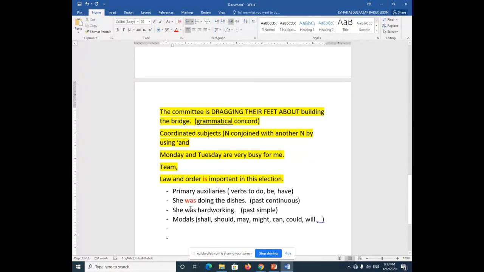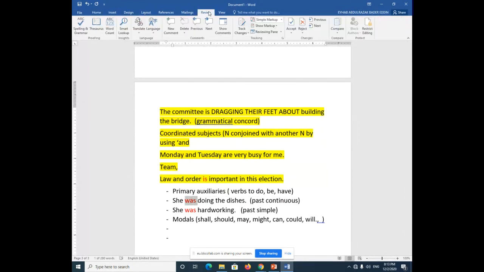So was here and was here are used differently. In the first sentence, we call this was an operator.